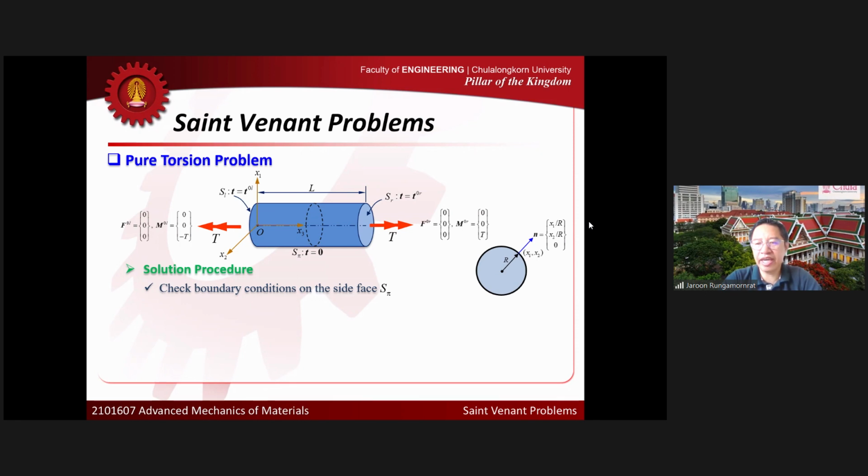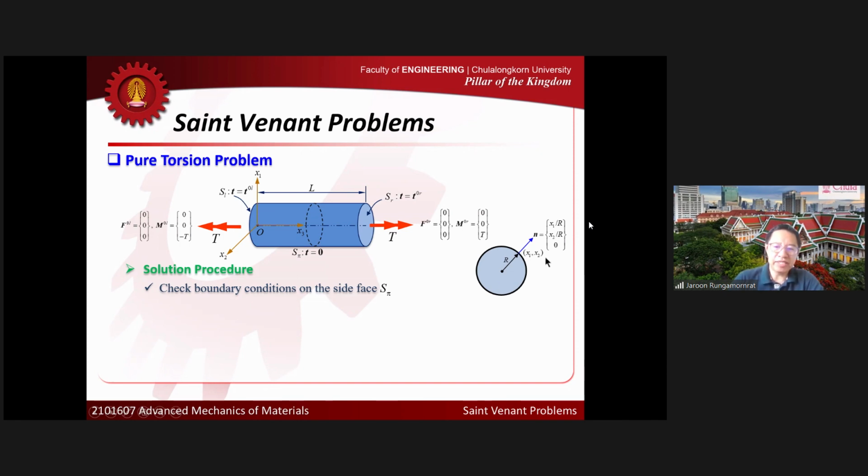We just scale x1 and x2 by r to make sure that n is of unit magnitude. So that is the unit normal vector for this circular cross section.